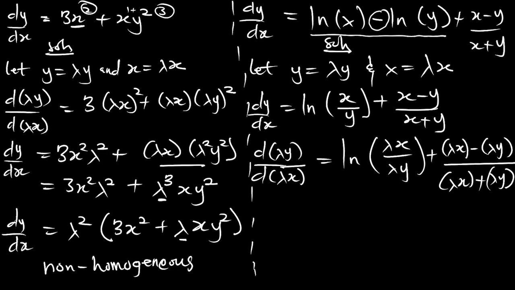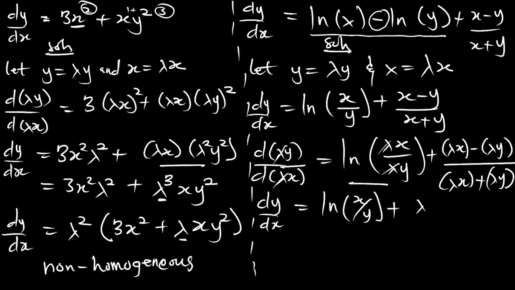So on the left-hand side, we are getting our dy/dx, since they will cancel out, equal to, so at this point lambda can also cancel out, giving us the natural log of x on y, plus here we can factorize our lambda out, giving us x minus y. We can also factorize lambda out, giving us x plus y.